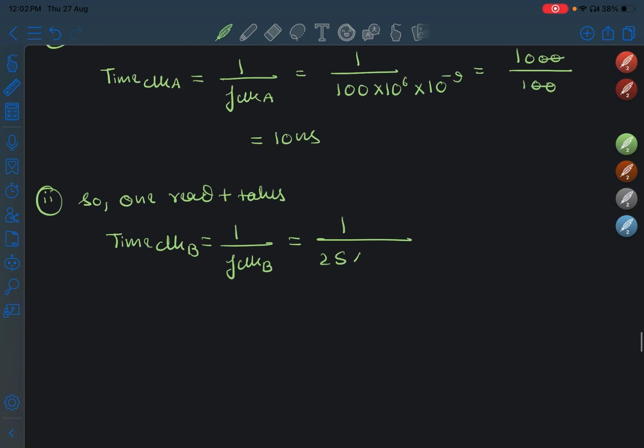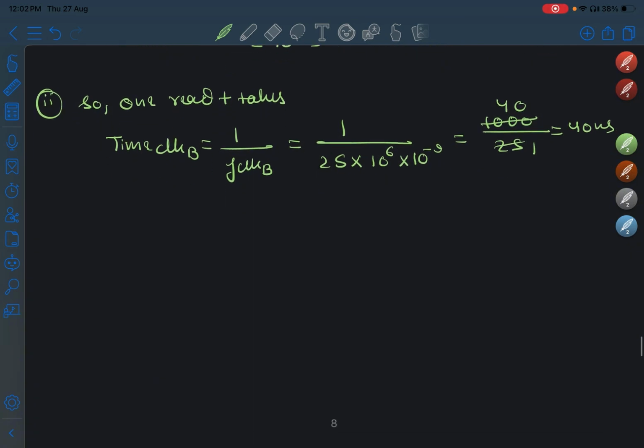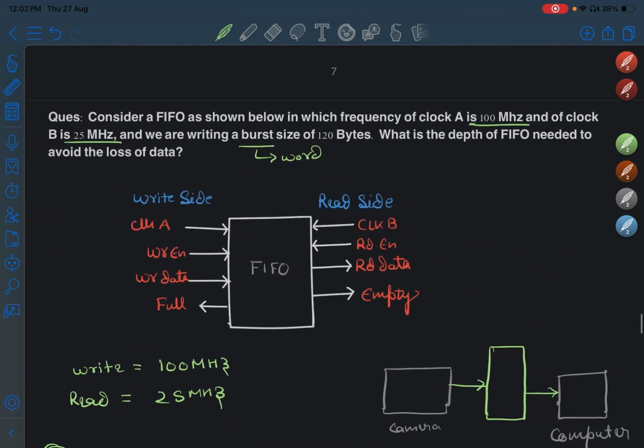So 25 into 10 raised to power 6 into 10 raised to power minus 9. So we are left with 1000 upon 25. 25 fours are 100. So it is 40 nanosecond. Okay, so this means the writer is 4 times faster than the reader. Now consider the 120 byte burst.